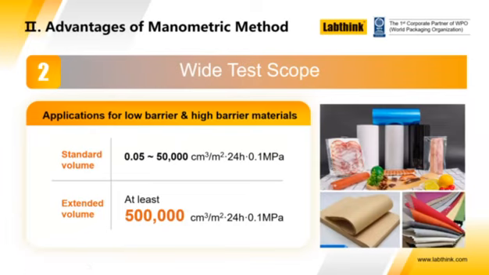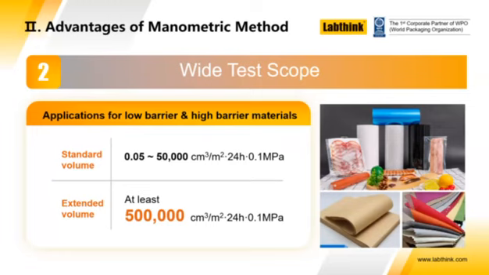So earlier on, I told you that there is a wide range available within the manometric method. So with our equipment, the test cell has a standard volume. It's a very small test volume, and it's capable of measuring from 0.05 cc's per meter squared per day or per 24 hours per atmosphere up to 50,000.